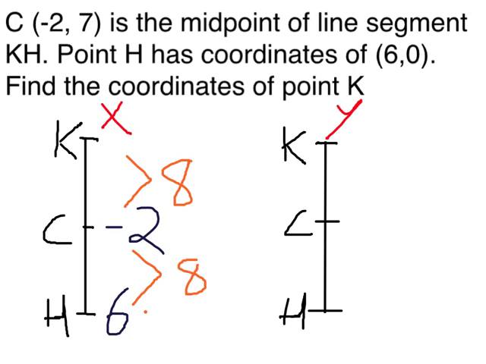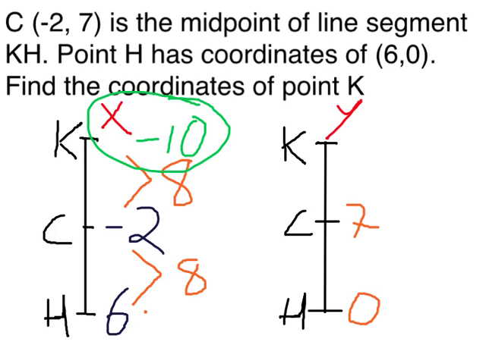And the number I know is going to be negative, because I have a positive 6 and -2. I subtracted 6 minus 8 and got -2, so I'm going to do -2 minus 8, and that'll give me -10. And that'll be my x value. So let's go over here. For the y, the center is 7, and then the H is 0. I want to find the distance between them.